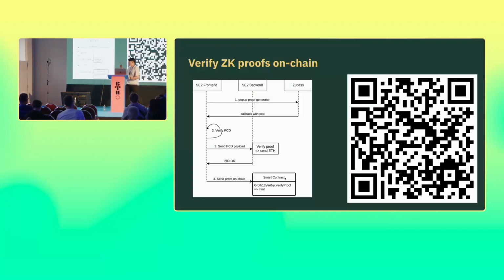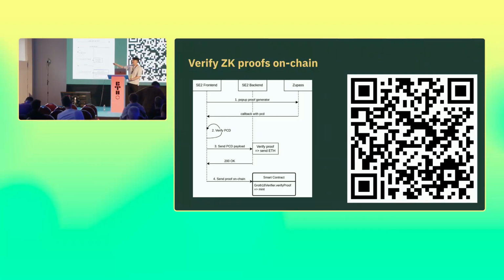Okay, so just to go over this again, we have the Scaffold-ETH 2 front end, which is everything you saw on the web page. The first step is requesting a proof from Zupass. Your data is stored locally in Zupass. It sends the data back to the Scaffold-ETH front end, where it's verified. That's step 2 here.